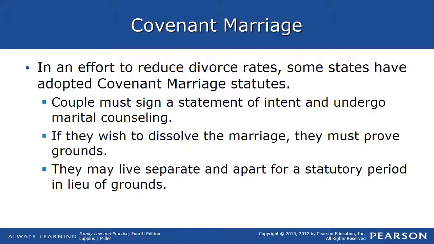But they have agreed to that ahead of the marriage, and so it's somewhat enforceable. The main idea of covenant marriage is to maintain the importance of marriage and continuing in marriage despite the problems that are sometimes very natural in marriage.